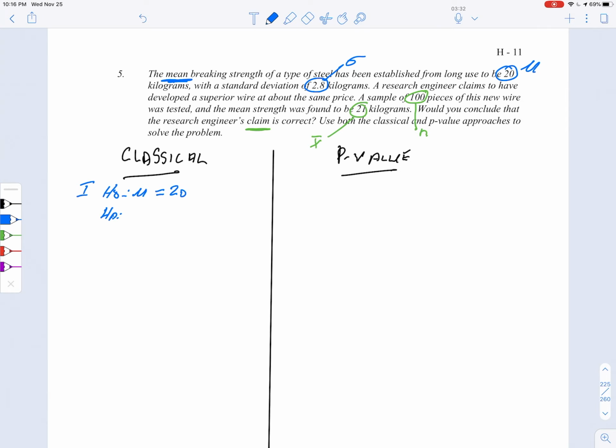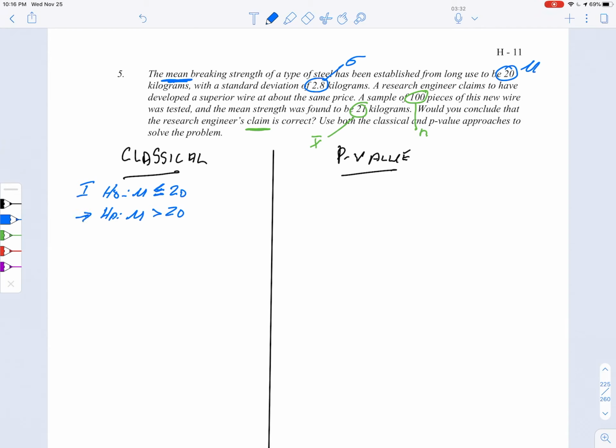Now, the HA is talking about, is the new wire better? A superior breaking strength would mean that it has a greater breaking strength. So a superior wire means that it has a greater breaking strength. So the alternative hypothesis is that mu is greater than 20. Now, it's okay to actually leave the null hypothesis as mu is equal to 20.